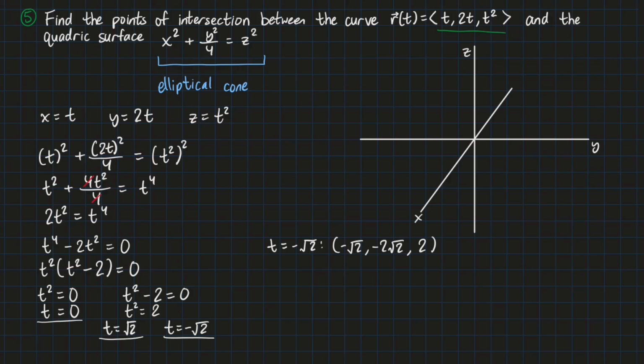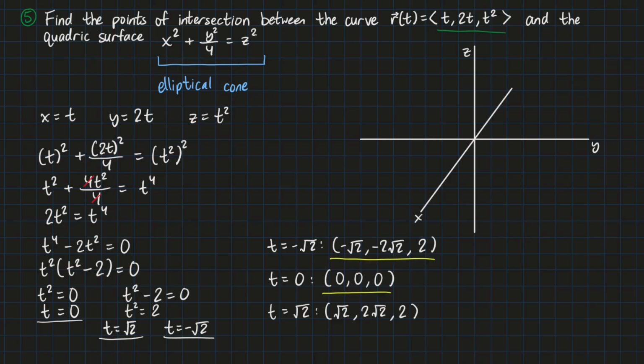For t equals 0, we're going to have 0, 0, 0. And for t equals rad 2, we're going to have rad 2, 2 rad 2, and 2. So these are the 3 points when the curve intersects the elliptical cone.